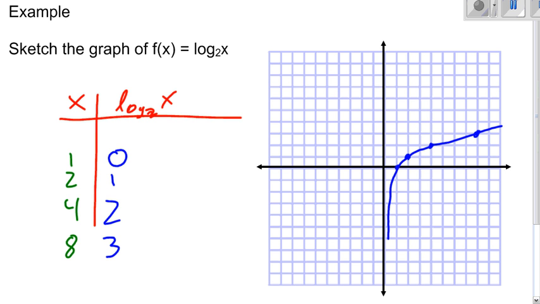And then from before we saw that it's going to have a vertical asymptote. So our domain for logarithmic functions is only values of x greater than 0. There's a vertical asymptote at x equals 0.